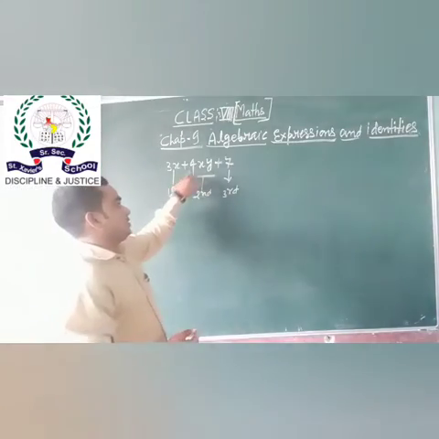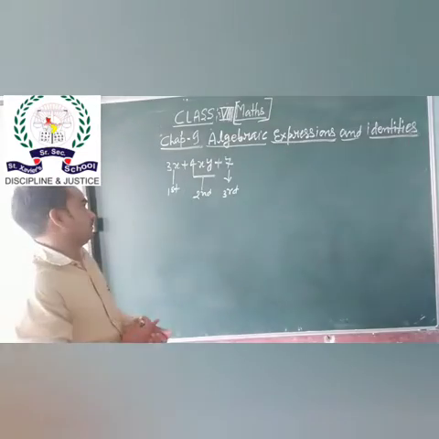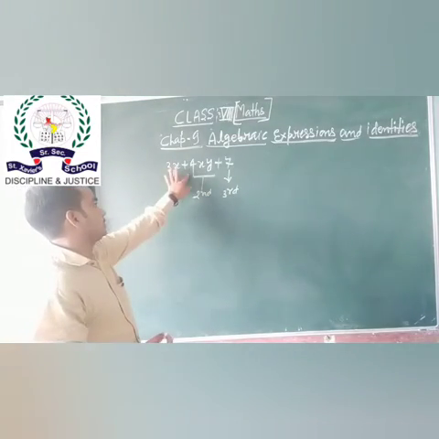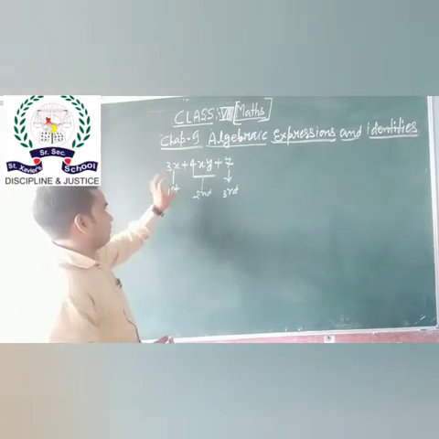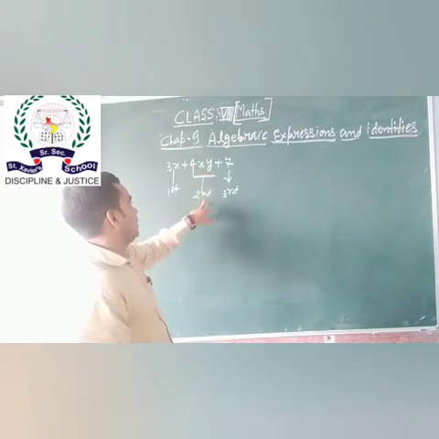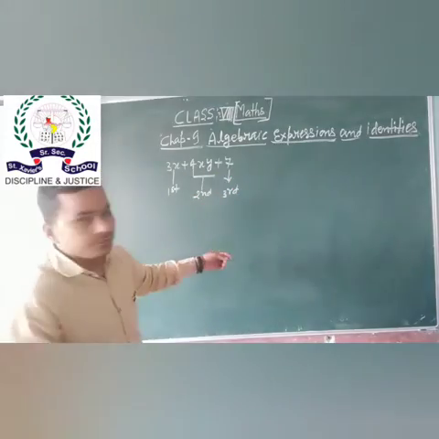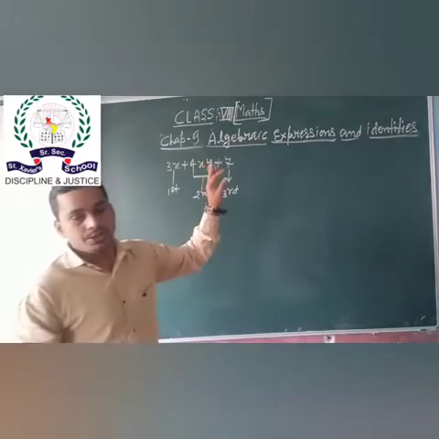So 3x is the first term, 4xy is the second term, and 7 is the third term. So in this expression we have three terms.